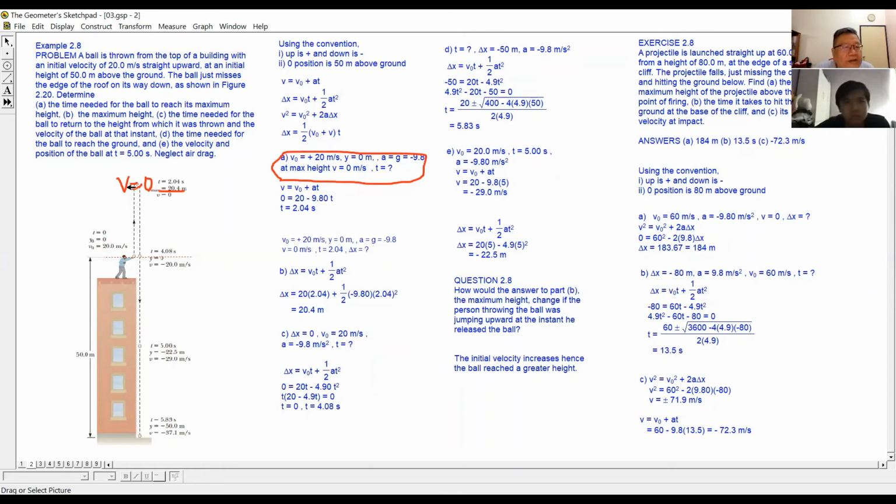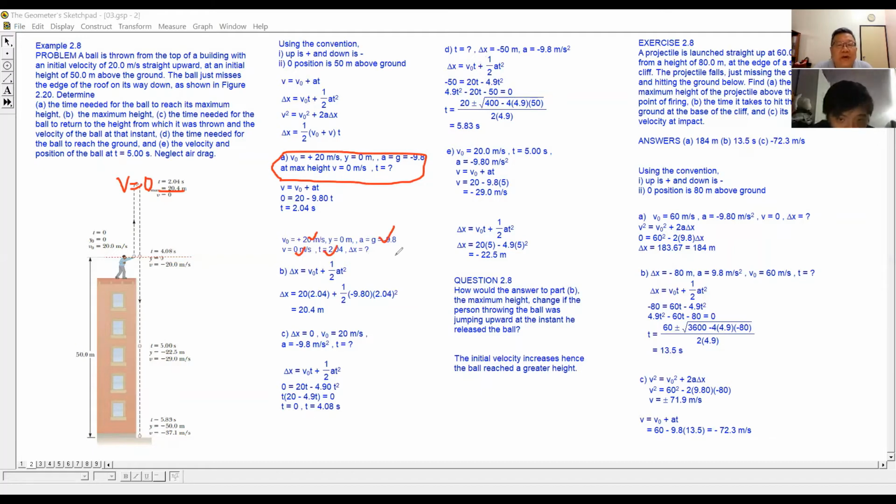Throwing the ball upwards until it reaches the maximum height. At the maximum height, we know the velocity is 0, and we have also calculated the time to be 2.04. So now what are the things that we know? Initial velocity, final velocity, acceleration due to gravity, and the time. I want to find out delta x.